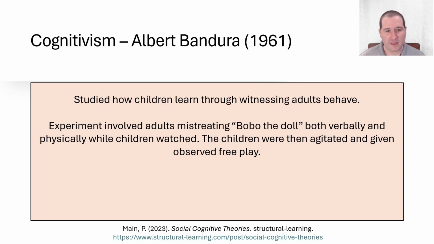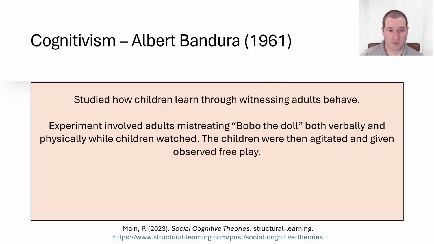And this was very interesting because not only did it show differences in how the children behaved with the Bobo doll, where they were recreating what the adults did, he also noticed differences amongst gender, both in the adult and the child. Okay, so female children behave differently than male children.